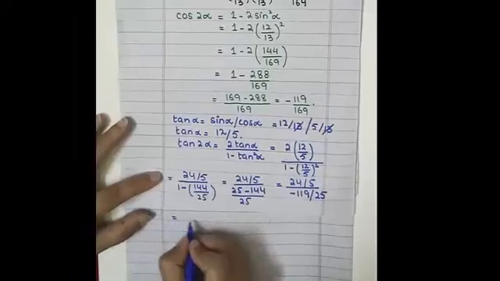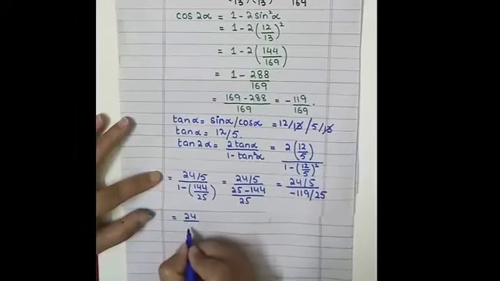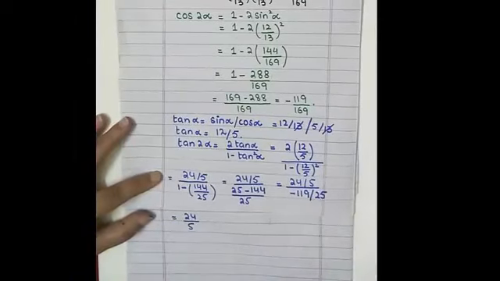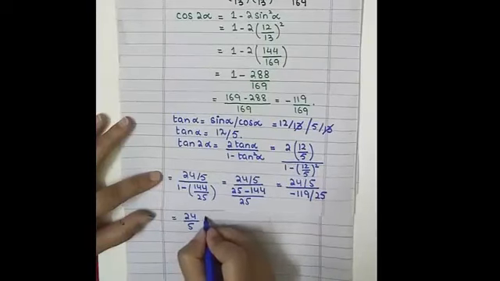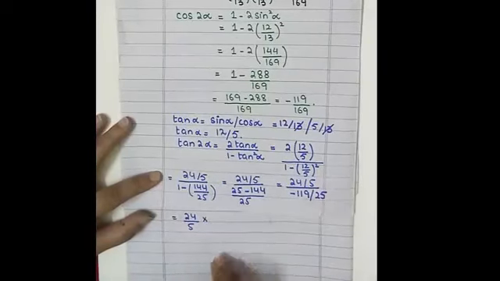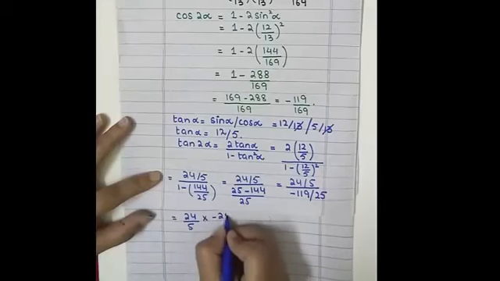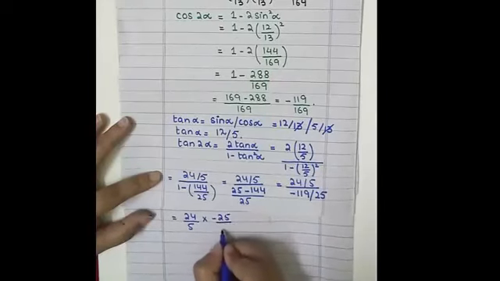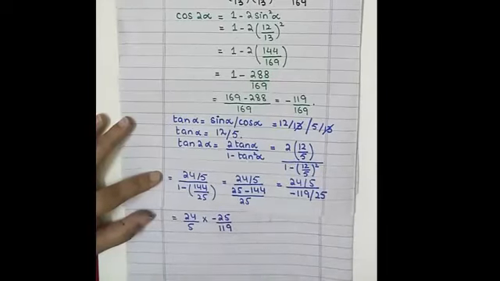So we have 24 divided by 5, and changing the division sign into multiplication we will take the reciprocal, and we have minus 25 over 119.